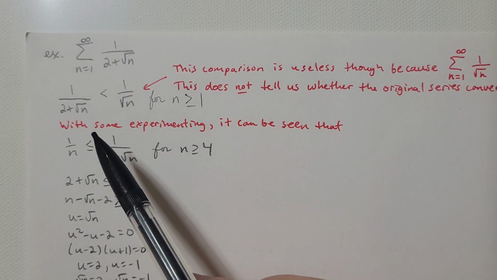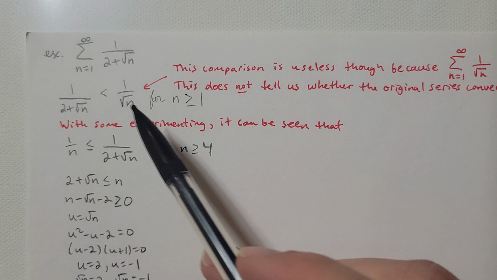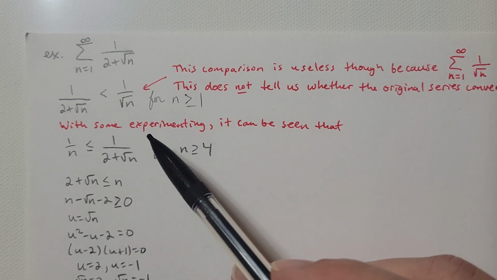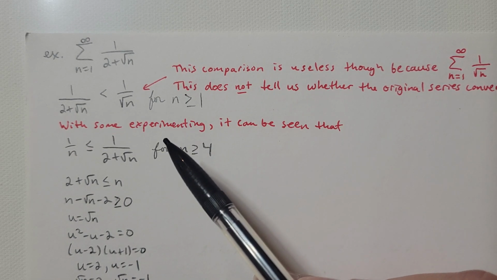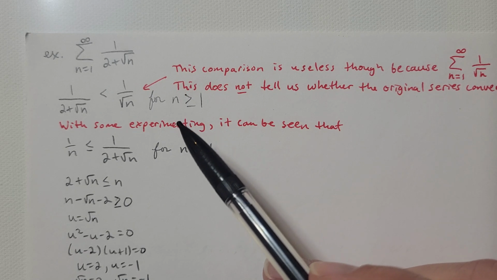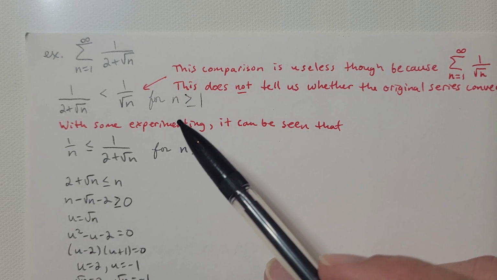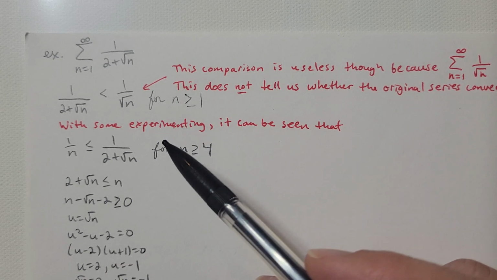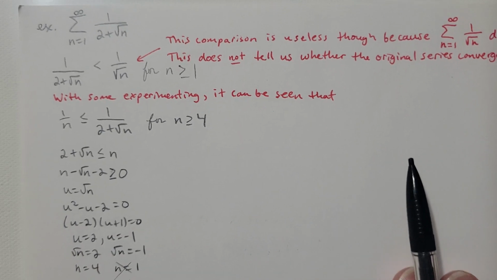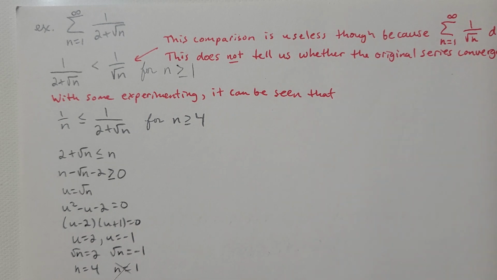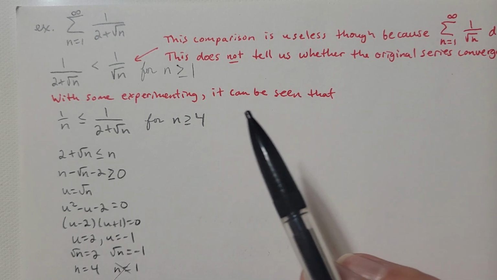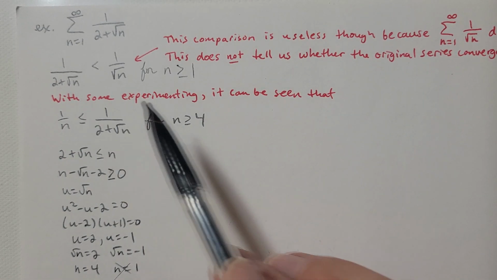If I'm adding up a bunch of terms and they're all less than the one for 1 over the square root of n, how do you know that that series converges? It might. So sometimes when you're looking for the comparison, be aware of that. This comparison doesn't help us at all.